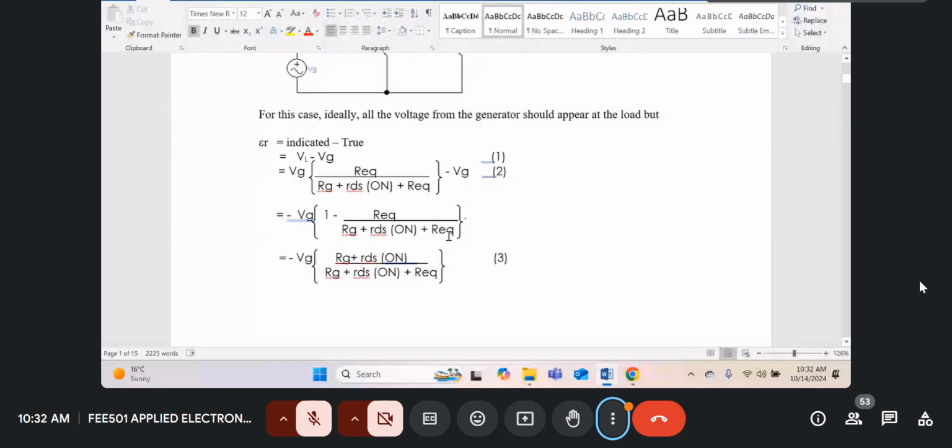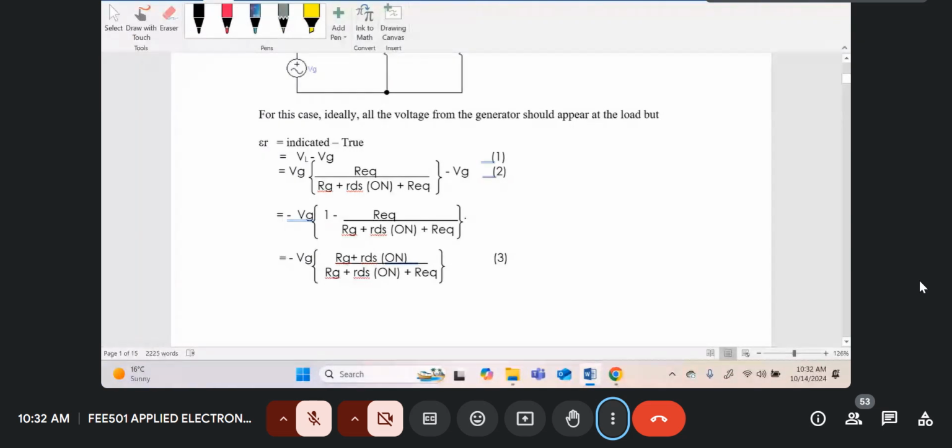Let's call this equation 2b. If you expand equation 2b, multiplying VG inside, you'll get minus VG plus VG into R equivalent, all divided by RG plus RDS on plus R equivalent, which is the same as equation 2.